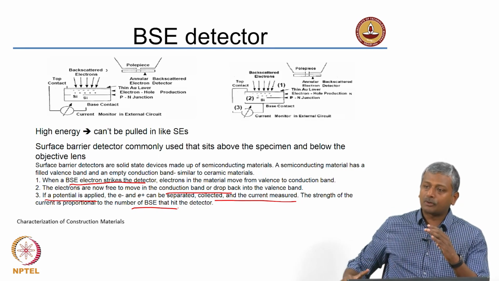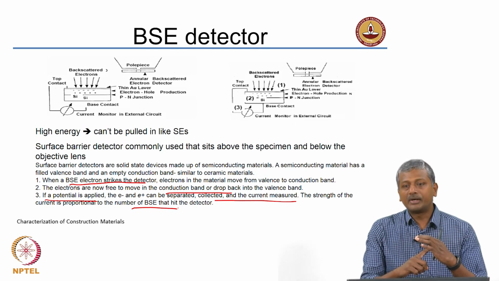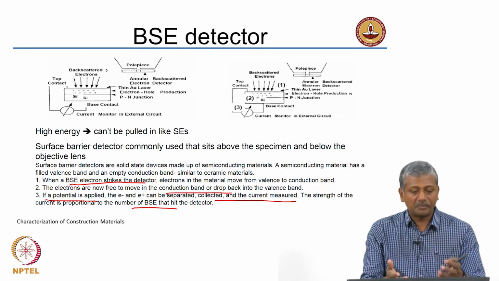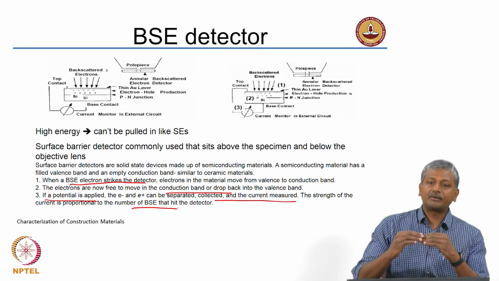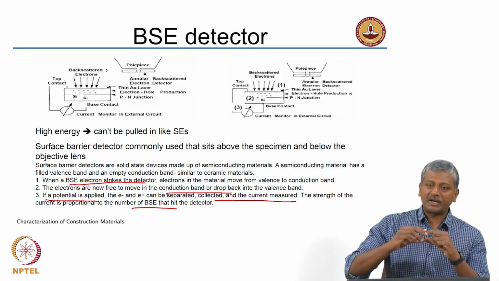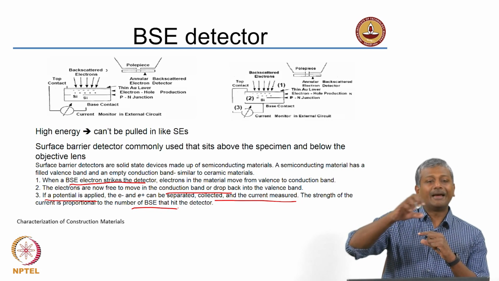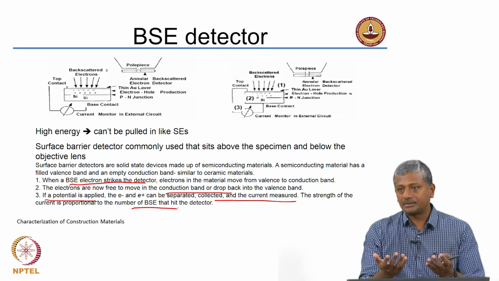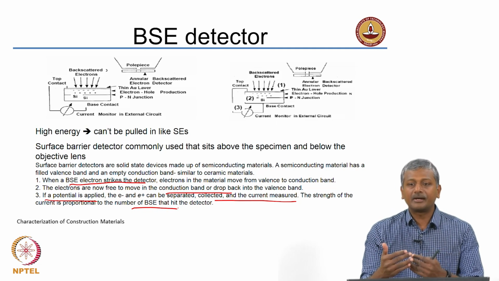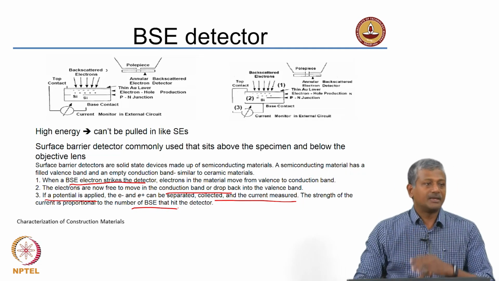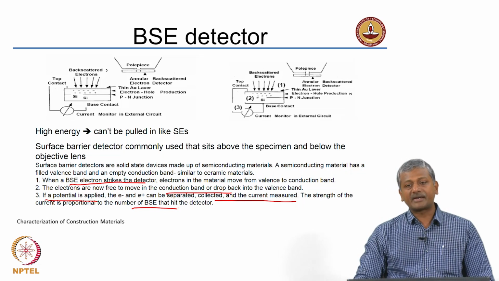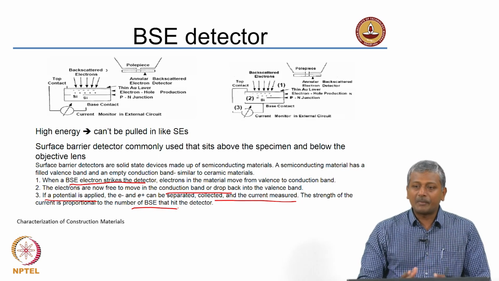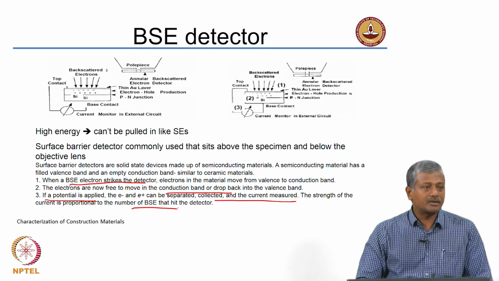Within the detector, the electrons strike the solid state semiconductor devices like silicon or germanium, typically silicon devices, and transfer the electrons in the valence band of silicon to the conduction band. When the electrons are moving in the conduction band, you can measure the current, and that current is proportional to the number of times this detector has been hit by the backscatter electrons. Okay, so that is the simple schematic principle of how a backscatter detector works.